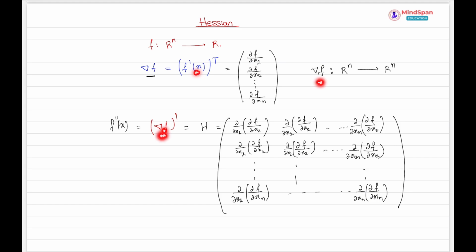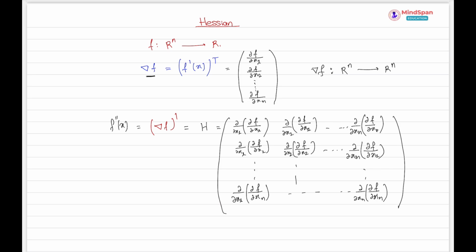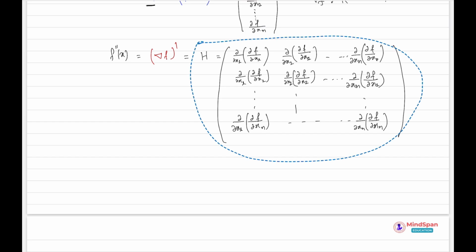And that is nothing but the second derivative of this function, and we have just seen that this second derivative is nothing but a matrix, and that matrix we call the Hessian matrix, right? So this can be written as, let me make it a little bit small here.